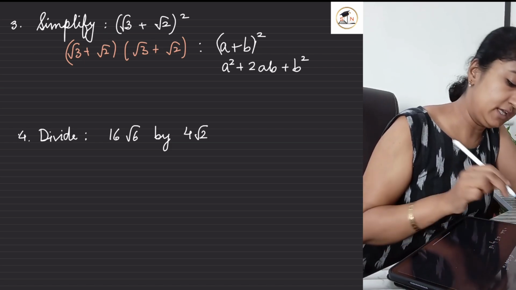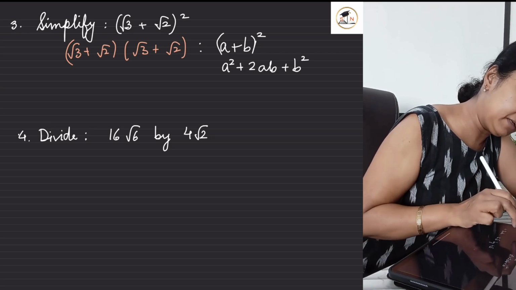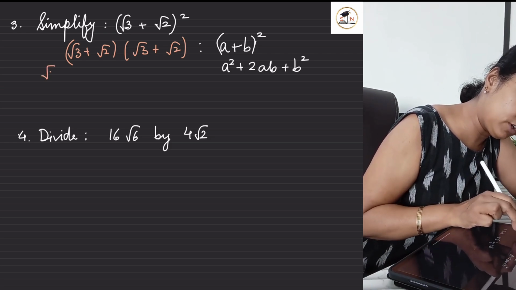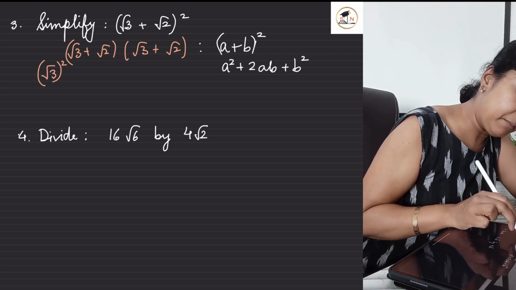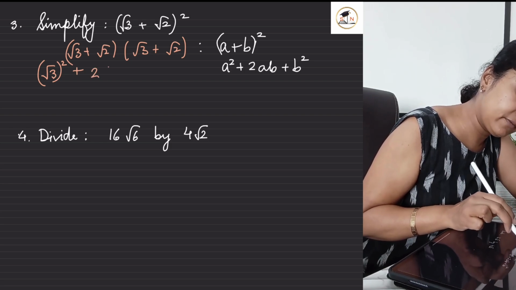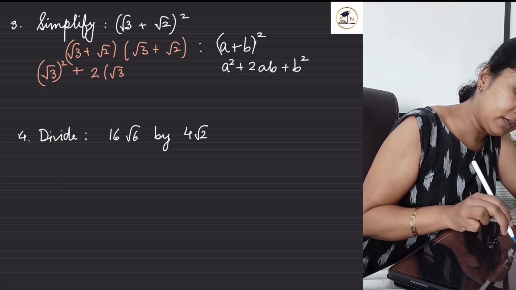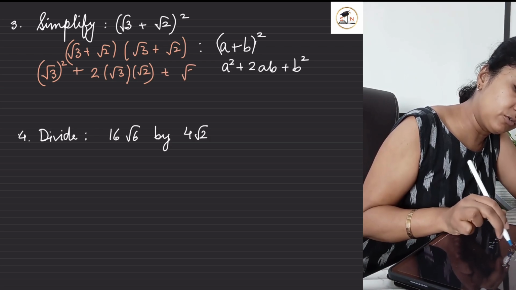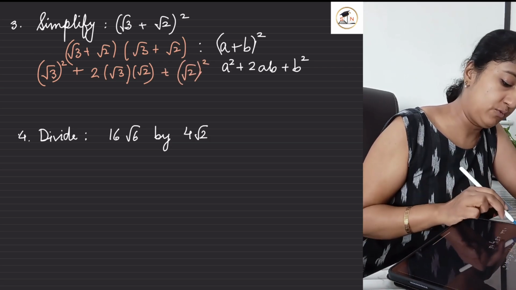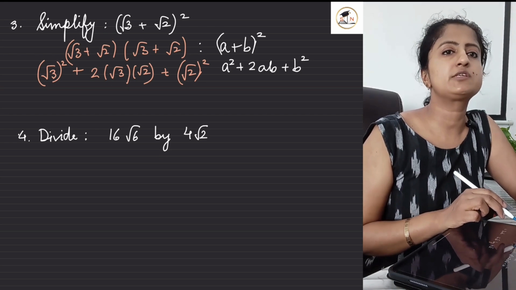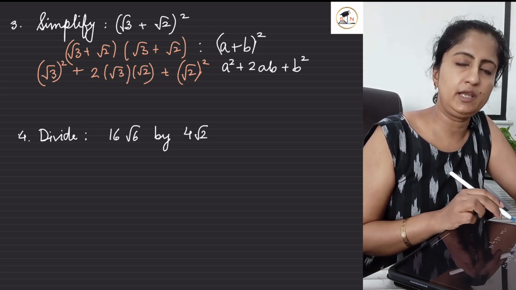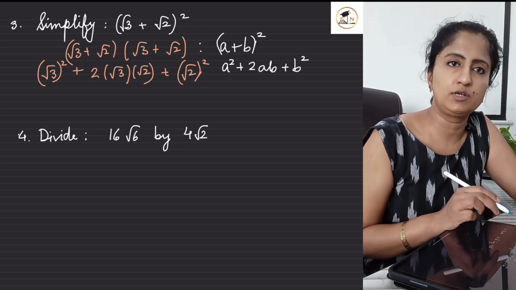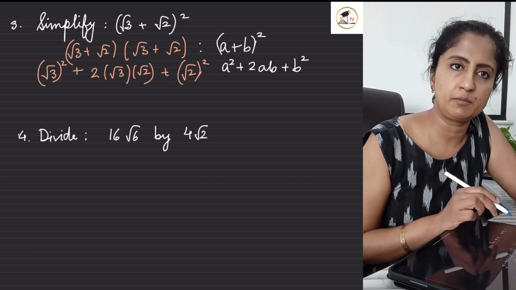This is the identity. So I will apply that in the similar manner. We get root 3 square plus 2 times root 3 into root 2 plus root 2 square.